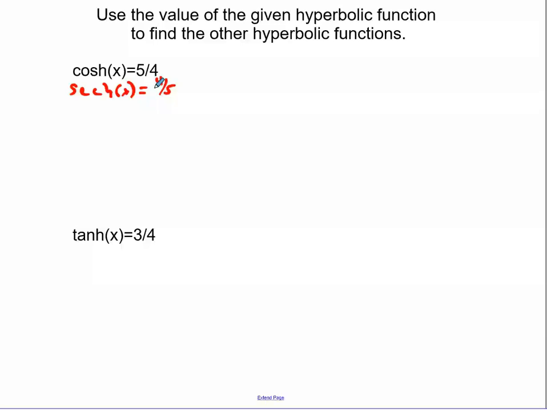So I know that hyperbolic cosine, which in this case is 5/4, squared, minus hyperbolic sine, which I don't know, squared, is supposed to equal 1, and I can figure out what the hyperbolic sine is from here. So that's 25/16, not fourths, sorry about that.